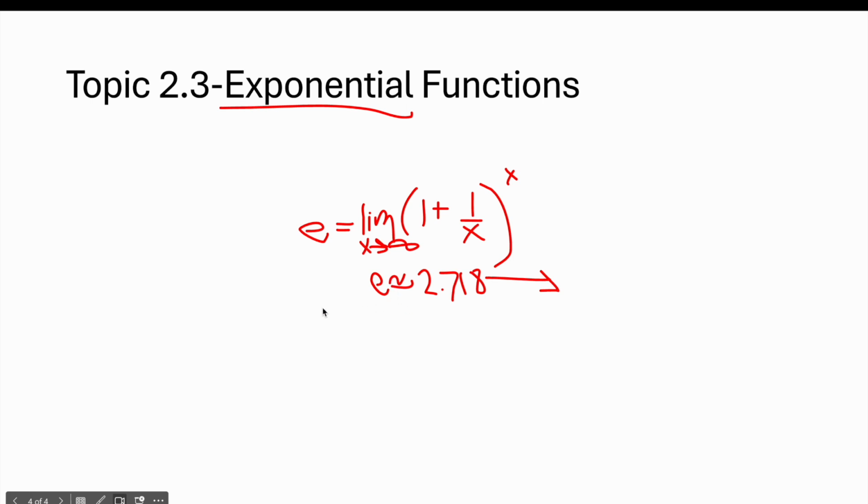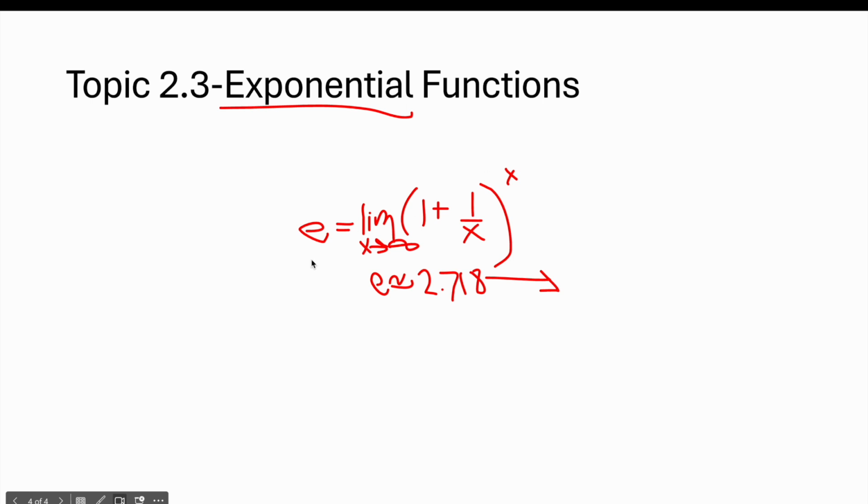But you don't really need to know that because if you are using a calculator, it's most likely going to just be e. And if you're not allowed to use a calculator, such as in the section of your AP test where you cannot use your calculator, it's fine because this e will actually be used as the natural log in our log functions in the next topics.